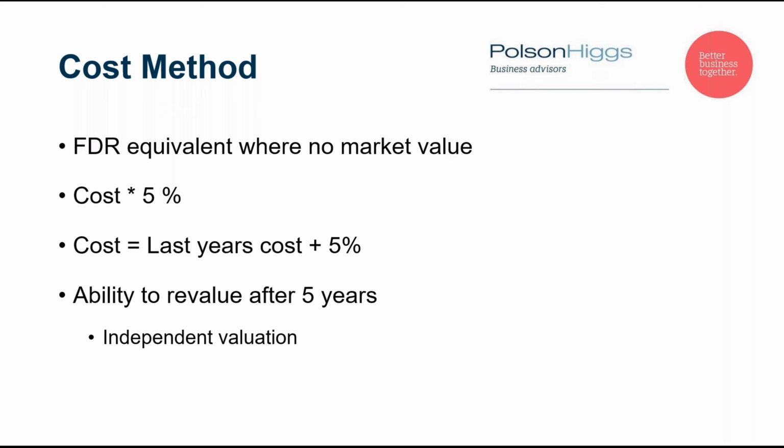So my example before, 100,000 times 5%, 5,000. But the next year it's 105,000 times 5%, so we're going to increase it by 5,250. Next year, 110,000. So you can see that my cost can go up quite quickly under this method. How do we deal with that? Well, once we've used the cost method for 5 years, I can go out and get an independent valuation and reset my cost based on that valuation.